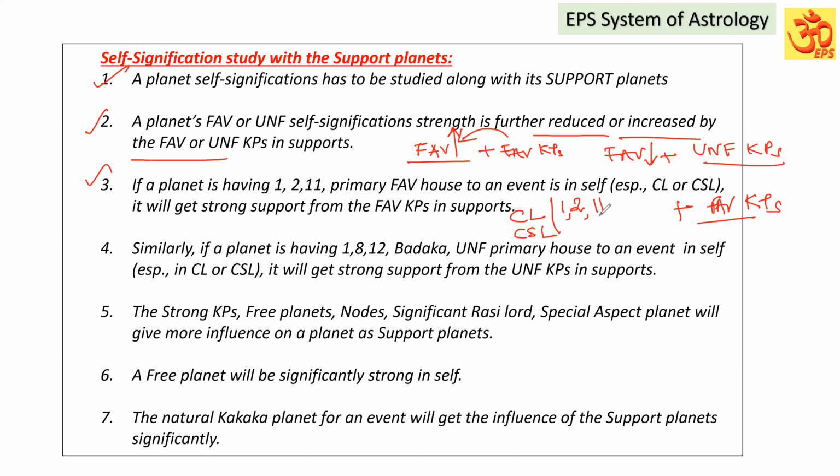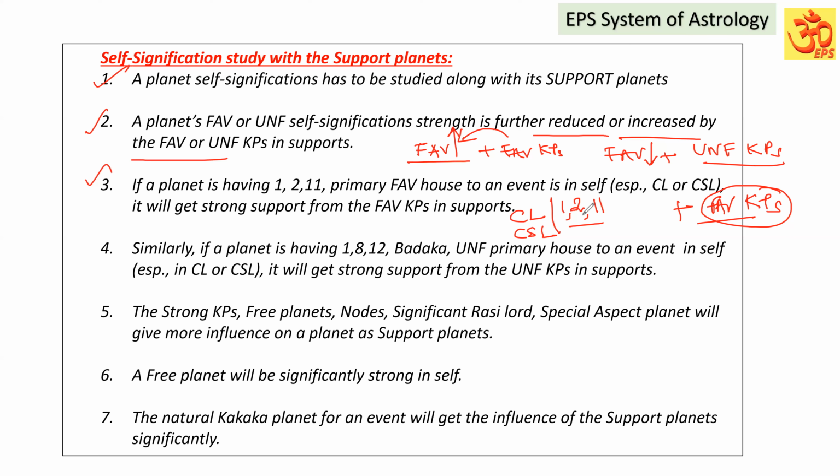In the case of 11 also, if the 11 is a Badhaka lord to the health, we cannot take it as always favorable. So basically, cuspal lord for Lagna, second house, 11th house, or the cuspal sublord of these houses, if that planet has favorable key planets in its supports, it will get the favorable key planets' strength and impact strongly.